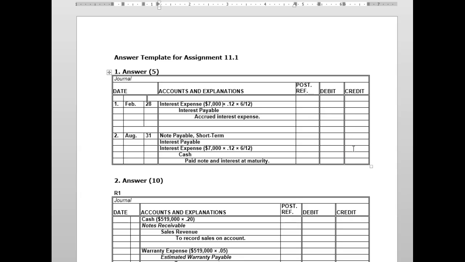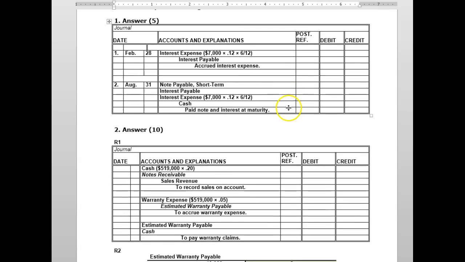And actually, if you take 7,000 times 12%, you should have the full interest of $840, and add that to 7,000, and you will pay a total of $7,840. But you can see how recognizing the interest in the first half of the year will have to be recorded down when you finally pay it off. So that is question 1.